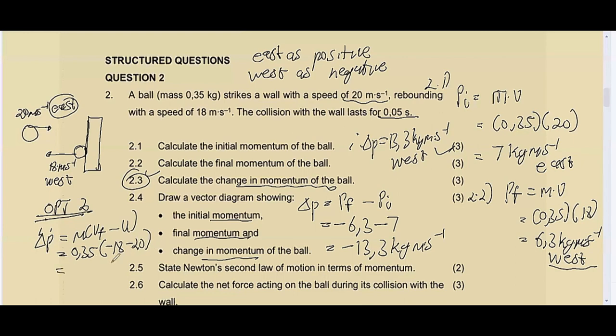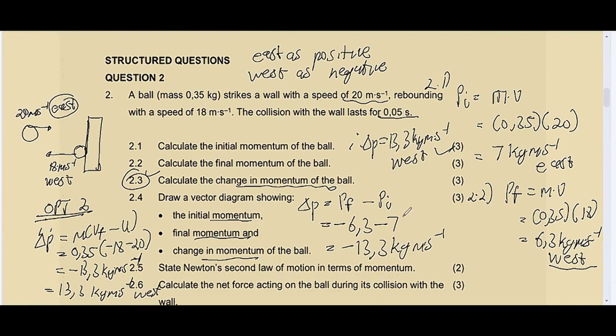When you punch all this in your calculator, it should give you negative 13.3 kg·m/s. Then we understand that's 13.3 kg·m/s, and then west. Right. Okay, good.